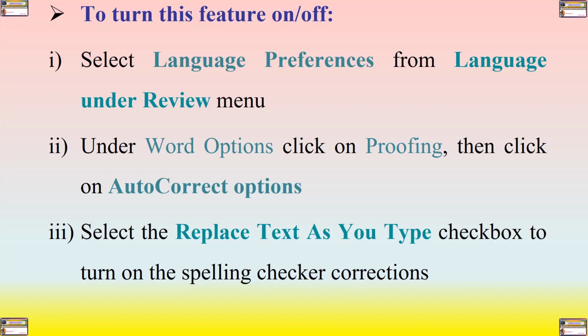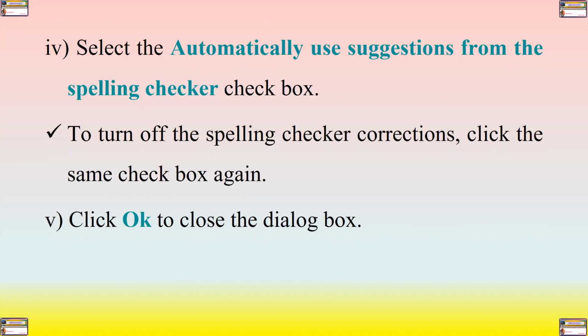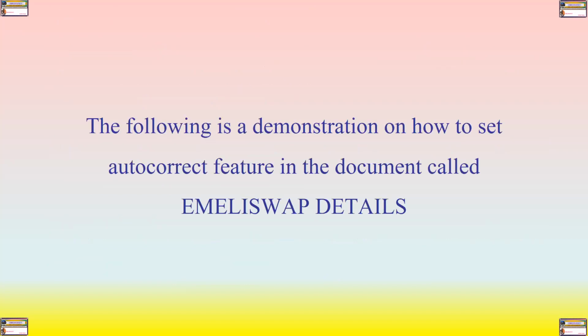Then under language, you click on language preferences, and then you proceed as listed. So here is a demonstration on how you can set the autocorrect feature in our document called Emily Swap Details.